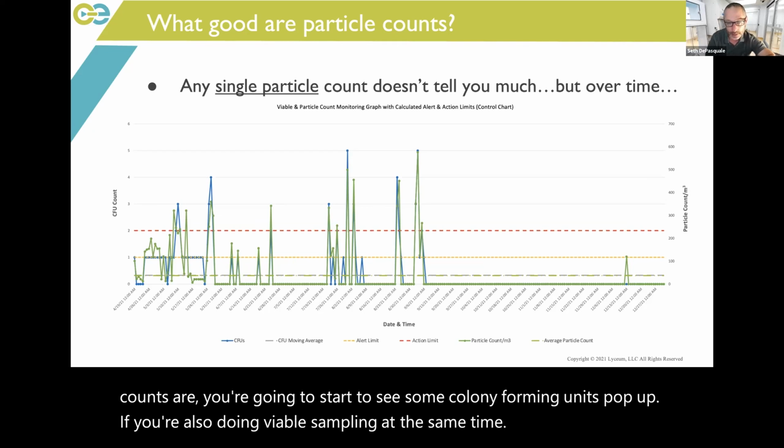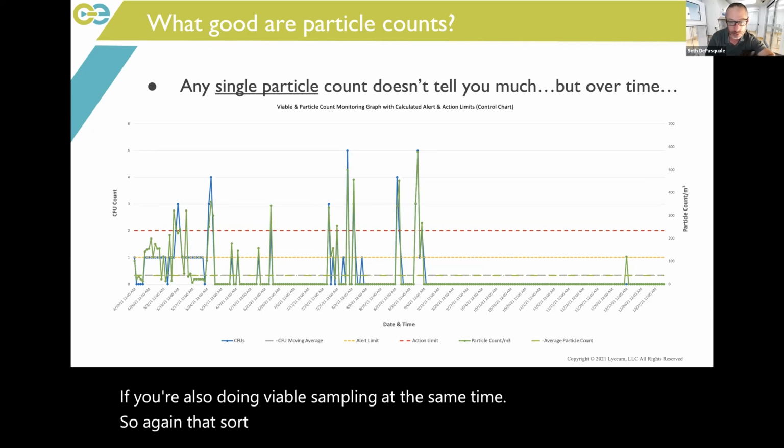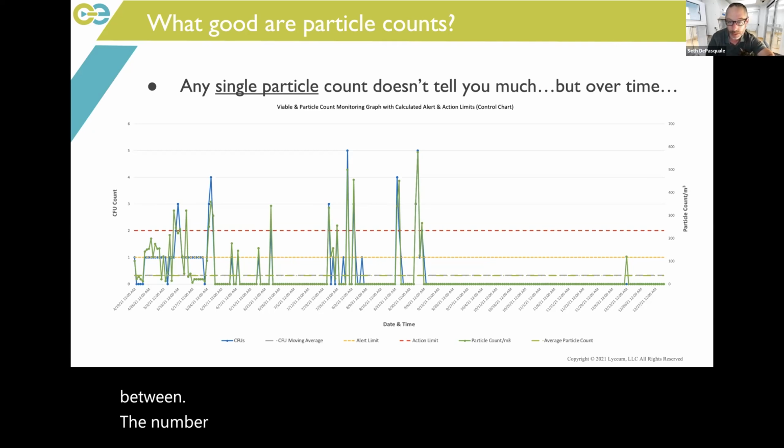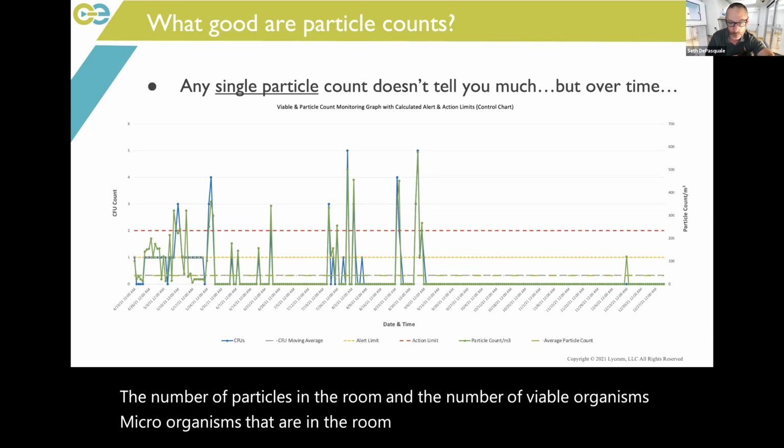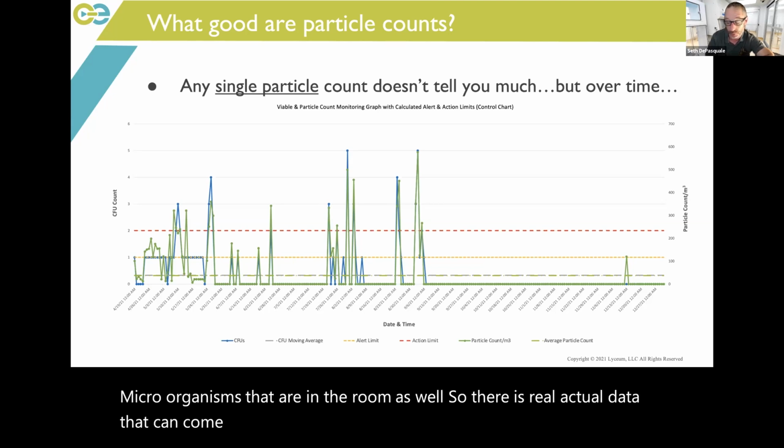So that infers that there's definitely a relationship between the number of particles in the room and the number of viable microorganisms in the room as well. So there is real actual data that can come from this that can be very useful, especially when used in combination.